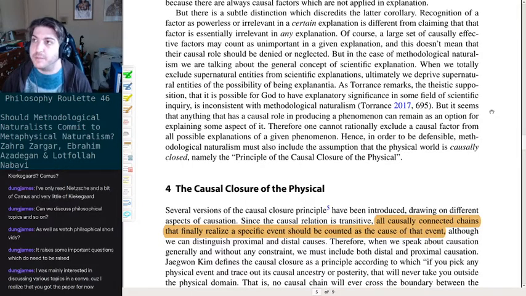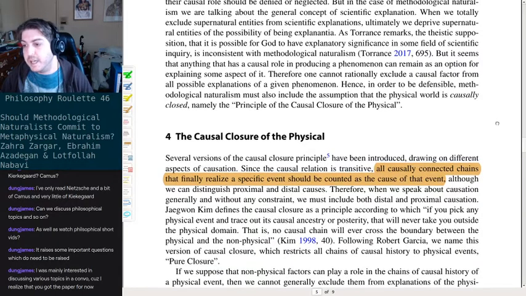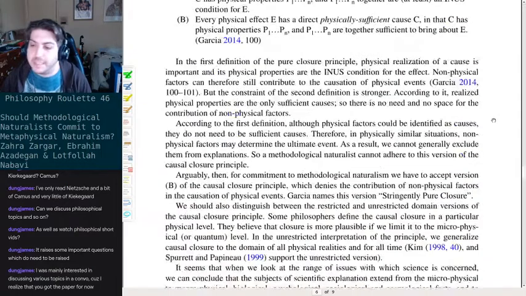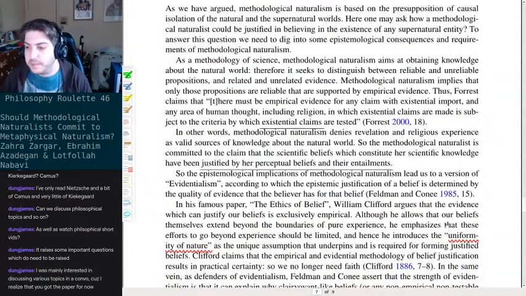But the problem is, of course, assuming the filter, it will filter out all the causally connected chains. But again, the question when they said, well, what's natural and what isn't, according to the uniformity of nature, exactly what gets sorted into the supernatural and natural according to this principle here.